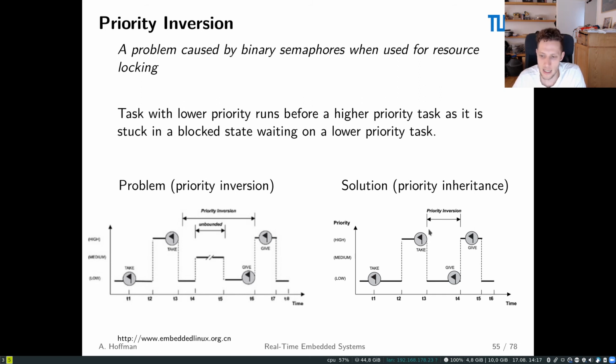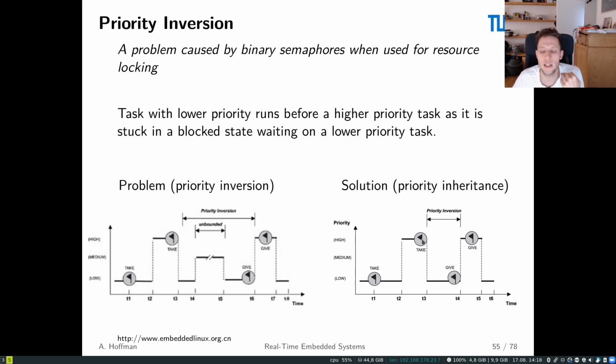Now the slight difference is at this T3, or actually it happens here at T1, that when this resource is taken, the priority of this task, the low priority task, is raised to have a sort of virtual same priority as the highest priority task that wants to obtain it. So not when it's taking it here, but at the moment that this high priority task attempts to take this resource, this low priority task's priority is raised to be the same.